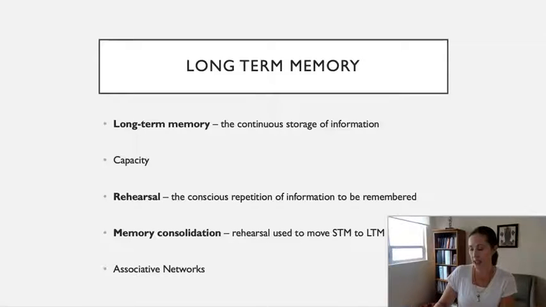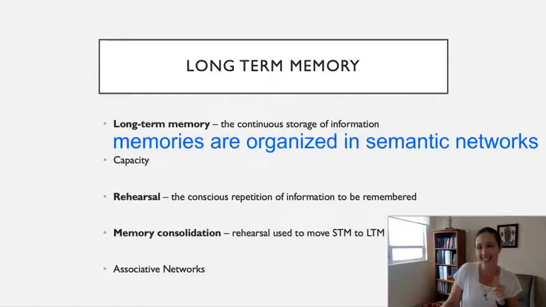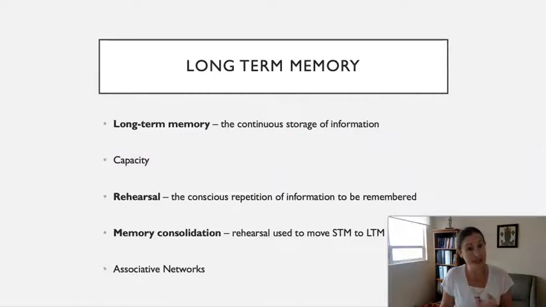Associative memories or networks are the fact that memories are organized in semantic networks. Remember semantic meaning. So related, associated memories are stored together. You have concepts arranged hierarchically in your mind, and related concepts are linked.